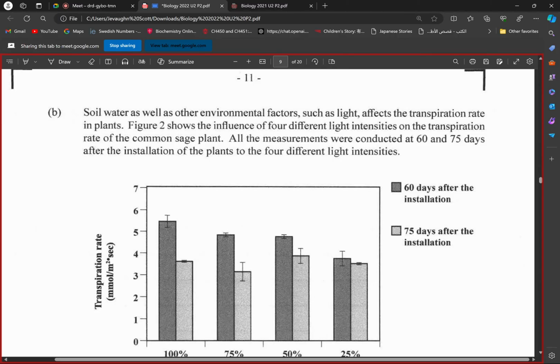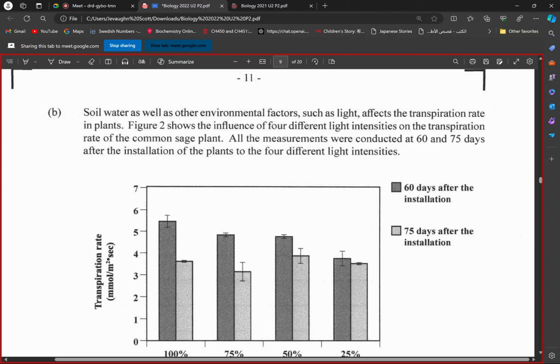All the measurements were conducted at 60 and 75 days after the installation of the plants, for the 4 different light intensities. So looking at the light intensity and what happens, so transpiration rate, how it looked.